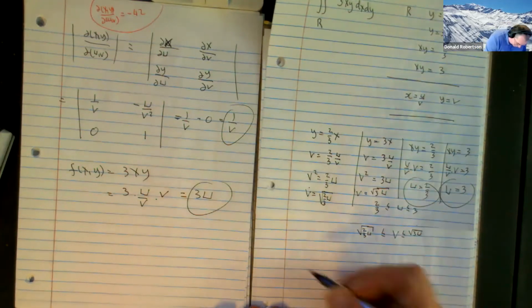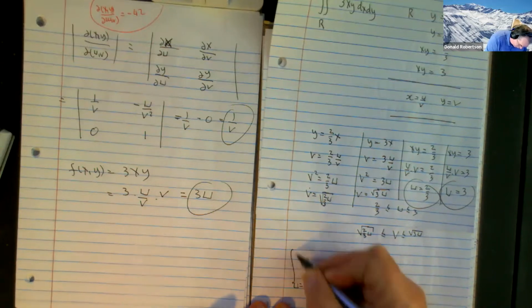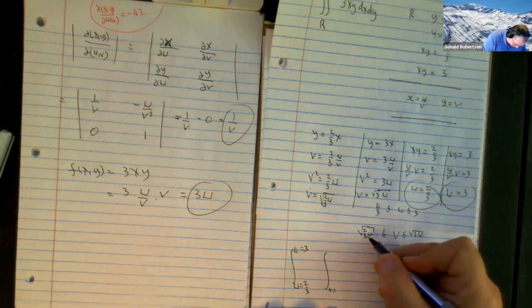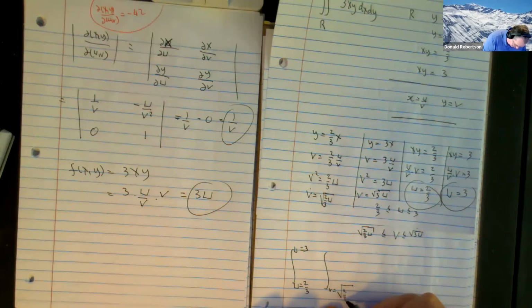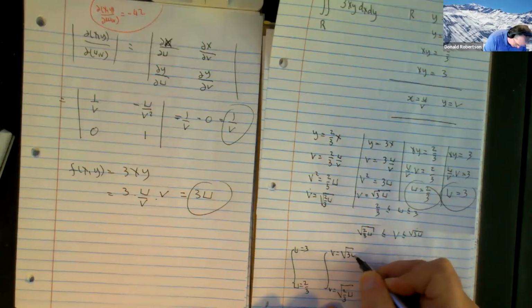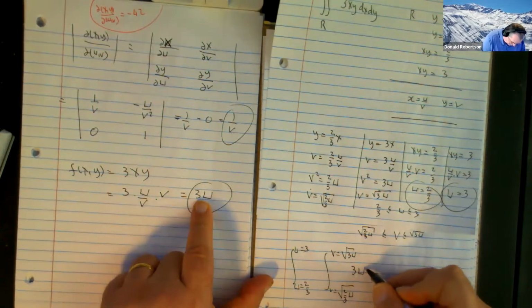So I have my limits of integration. u is going to go from 2/3 to 3, and v is going to go from this ugly guy to that ugly guy. f of xy is 3u.